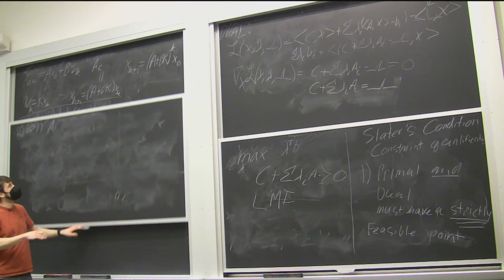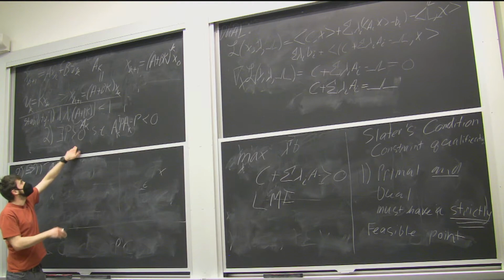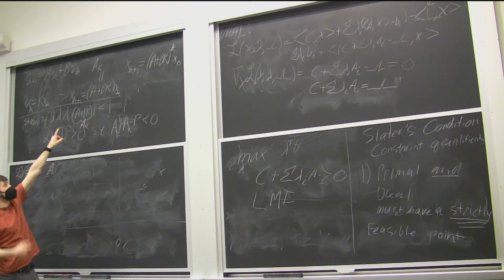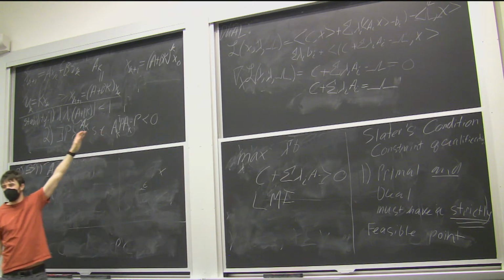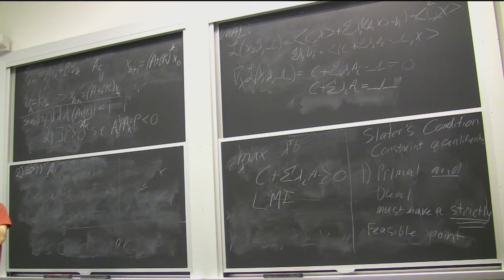What you need is not that. I need A plus BK, which I'm calling A_K now, to satisfy this property, not the A. If the A satisfied that property, the A would already be stable.